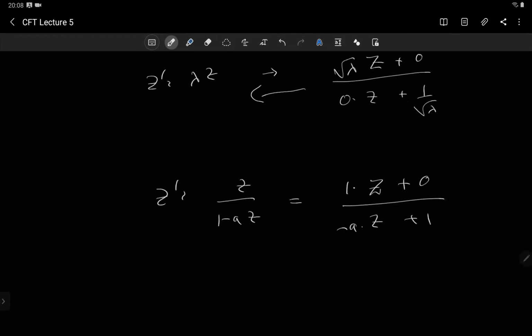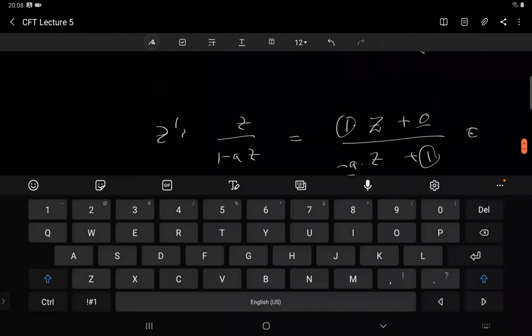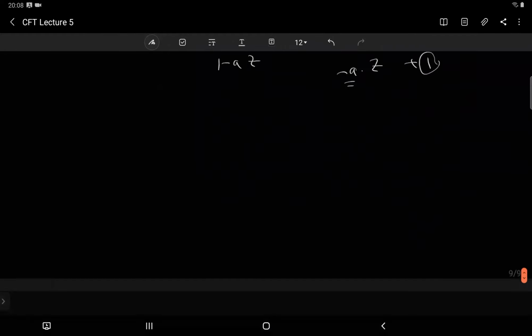Again, you have 1 times 1 is 1, and 0 times minus a is 0, so ad minus bc is 1. So this is also the same form, with ad minus bc equal to 1.